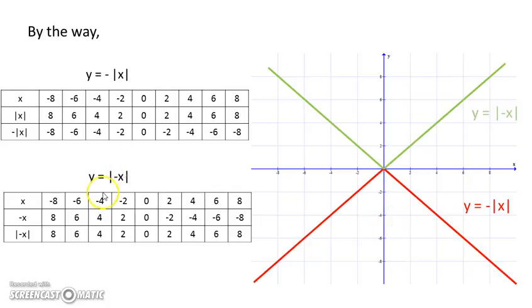If you put a negative inside the absolute value signs, it's a reflection in the y-axis. It doesn't look any different from y equals absolute value of x, but how we got there is a little bit different. So y equals absolute value of -x and y equals absolute value of x will look exactly the same.